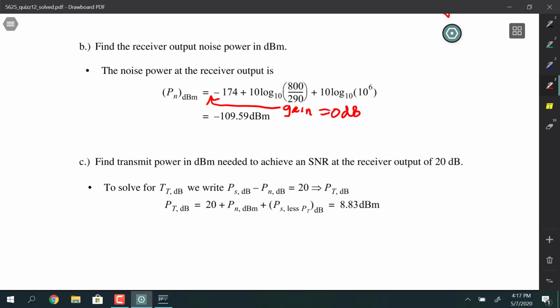And then you finally come down to saying signal power in dB, or the dB, the attenuation of the receiver. You're going to have... did this right.